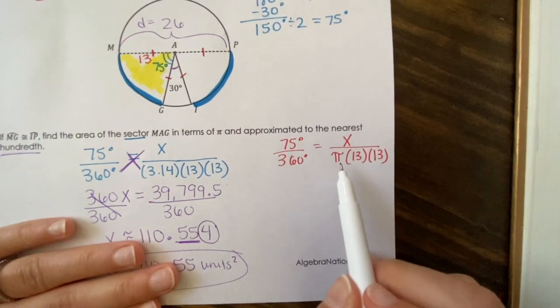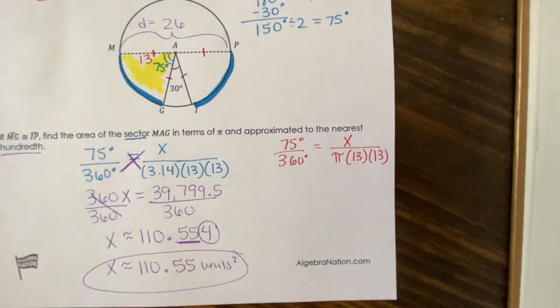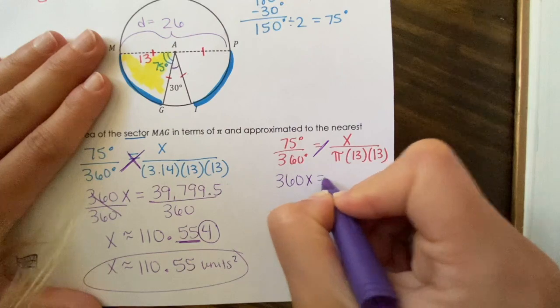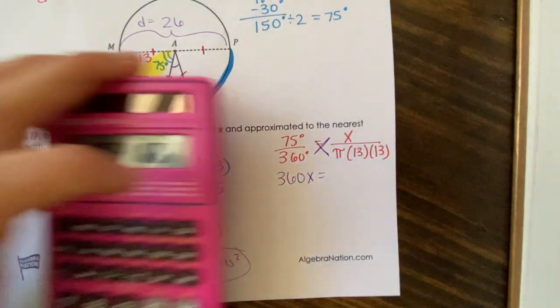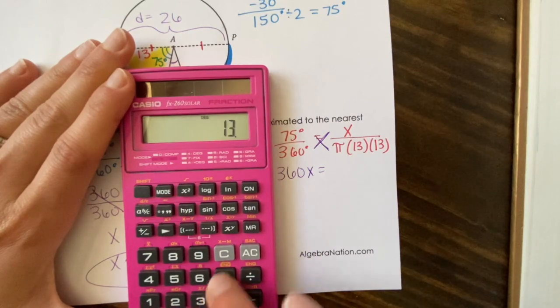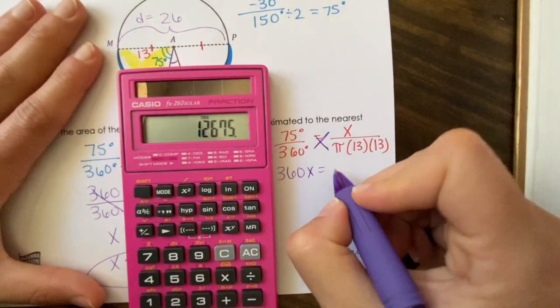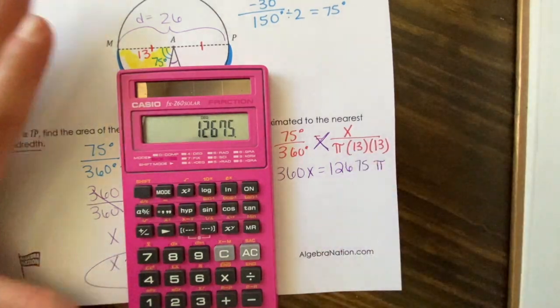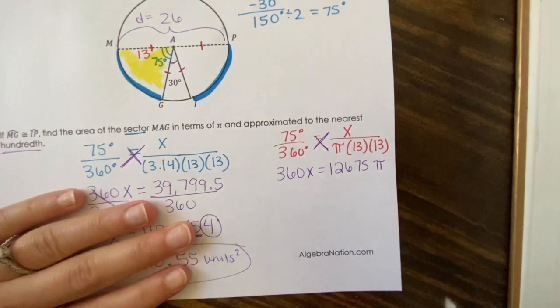And you kind of use pi as a variable when you're doing this. Okay, so 360 times x equals 75 times 13 times 13 times pi. So 75 times 13 times 13 is 12,675 pi. Remember, you just keep the pi. It's all multiplication, but you're keeping the symbol.